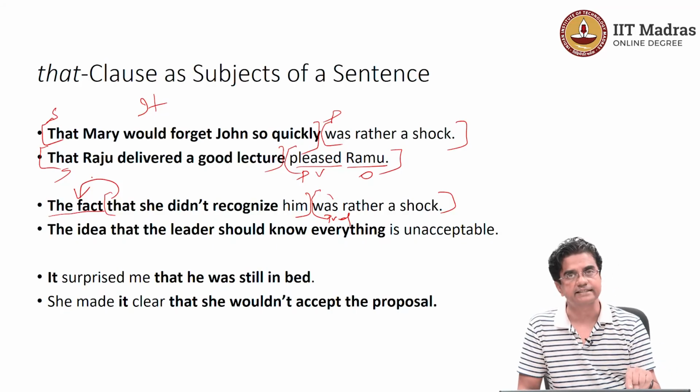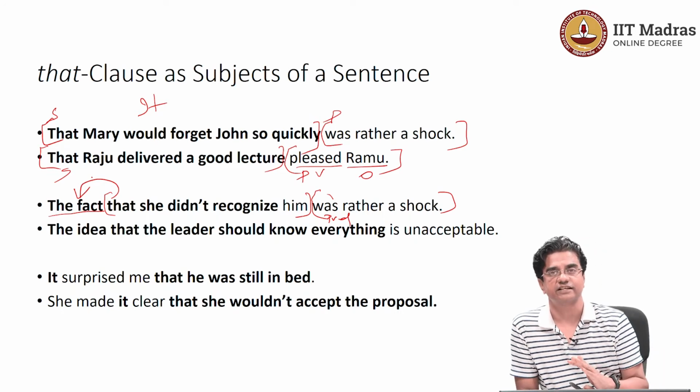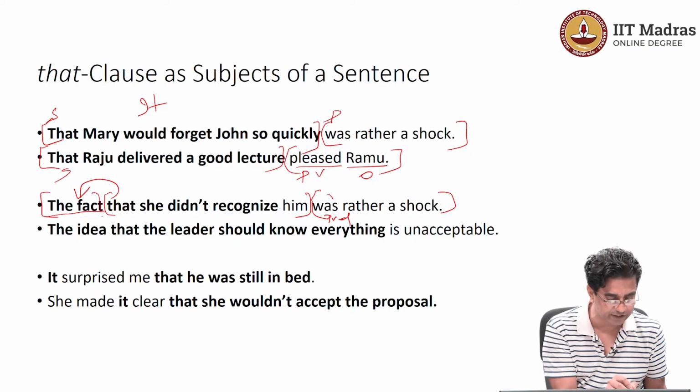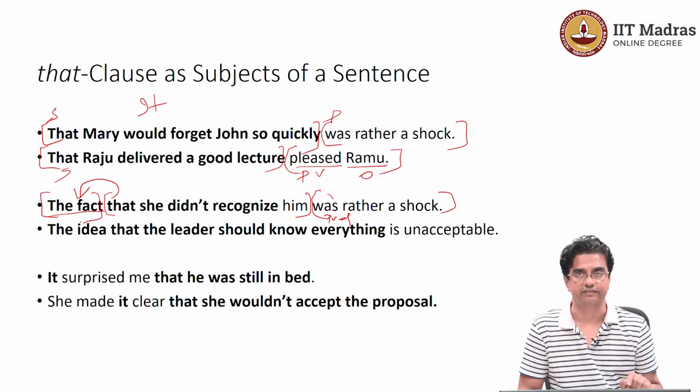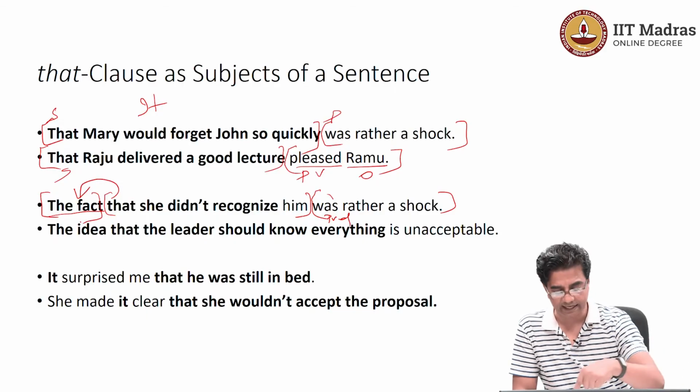So, in this case, we don't have that clause as the subject of the sentence. The subject is the fact, only this much is the subject, and this that clause is modifying that subject, and this is the predicate.